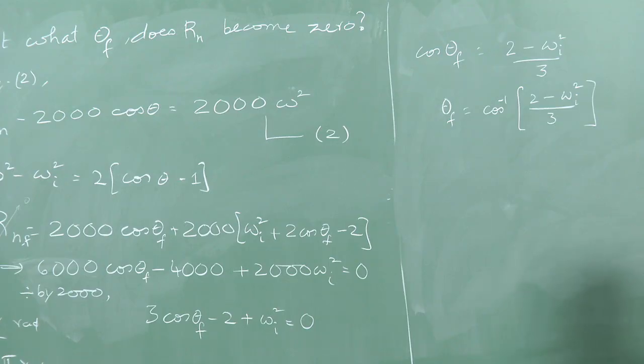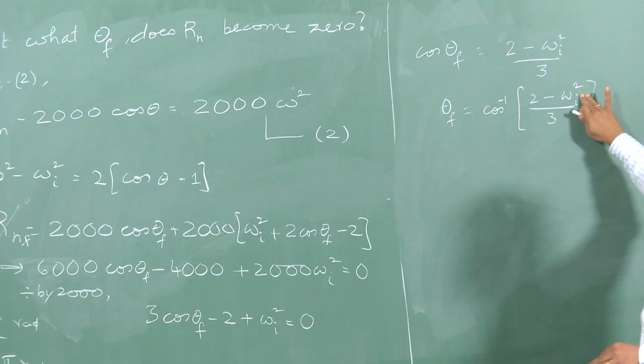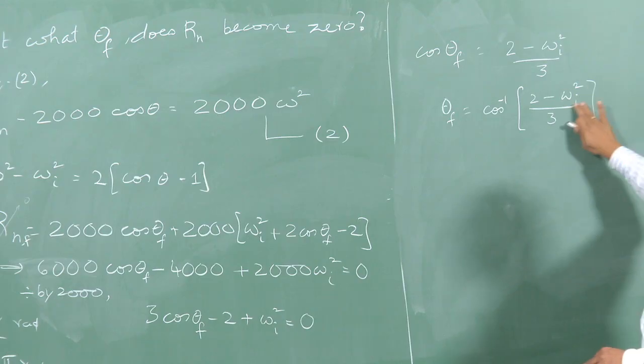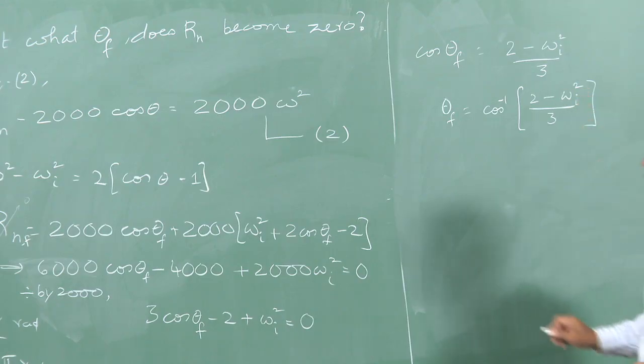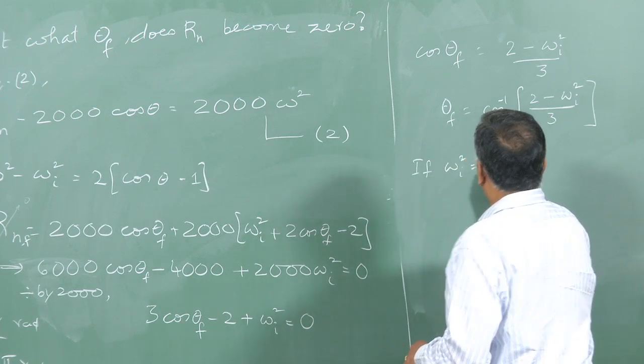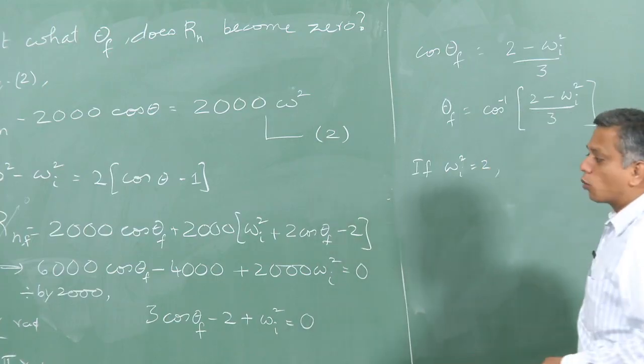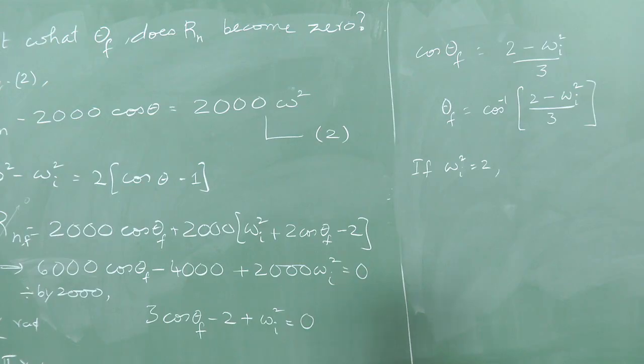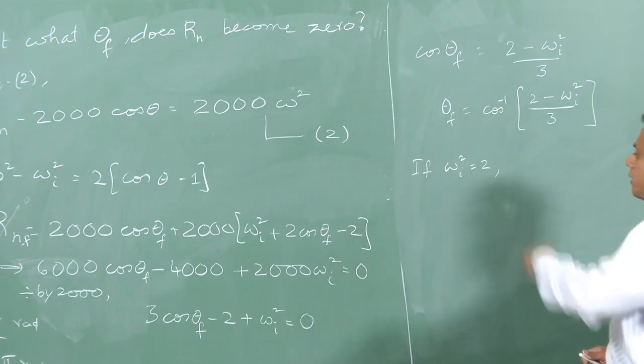Okay. So if I ask the question, for a given omega I squared, let us say omega I squared is 2, which is what we found was sufficient to bring the bar to rest at pi over 2 radians, which is 90 degrees.